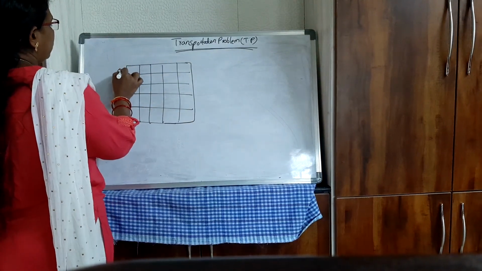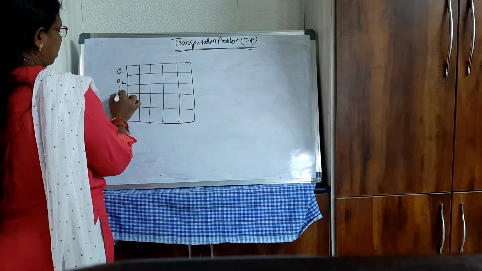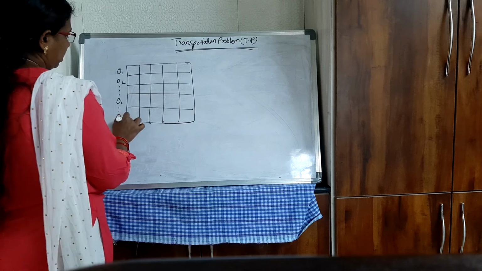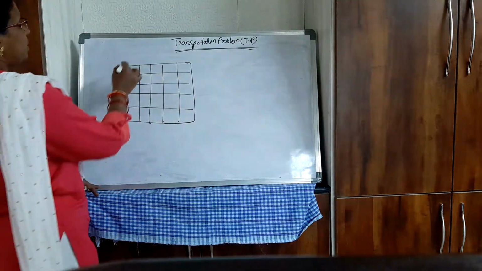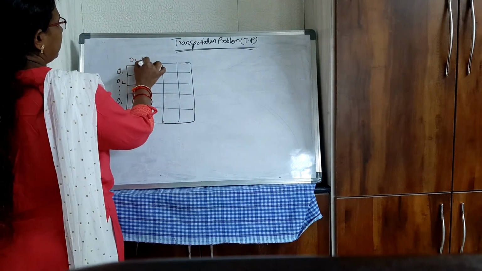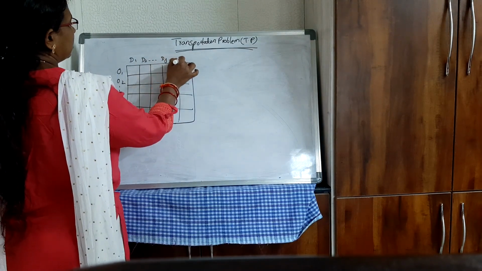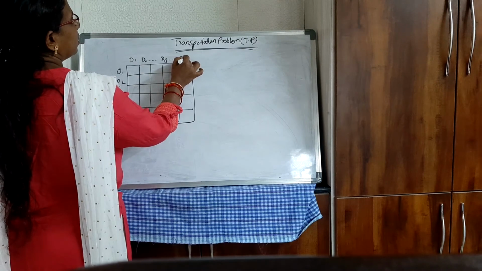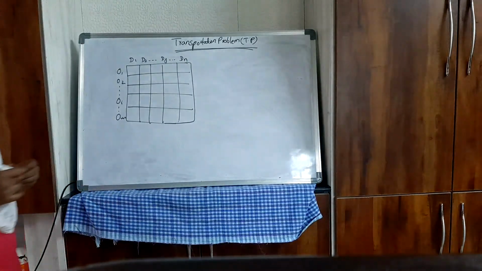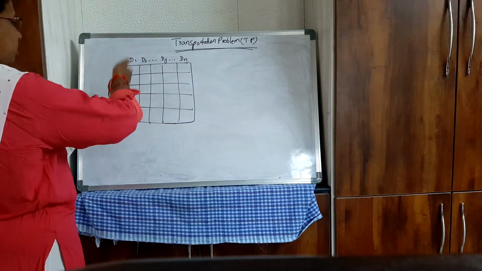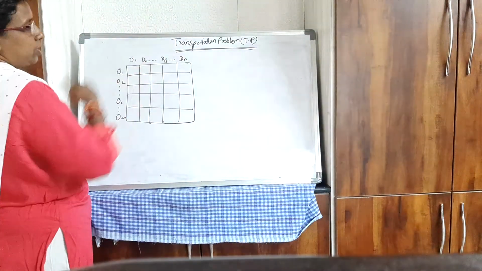Here these are origins or factories, and these are the warehouses or destinations. So you have different factories, m factories and n warehouses, or m origins and n destinations.